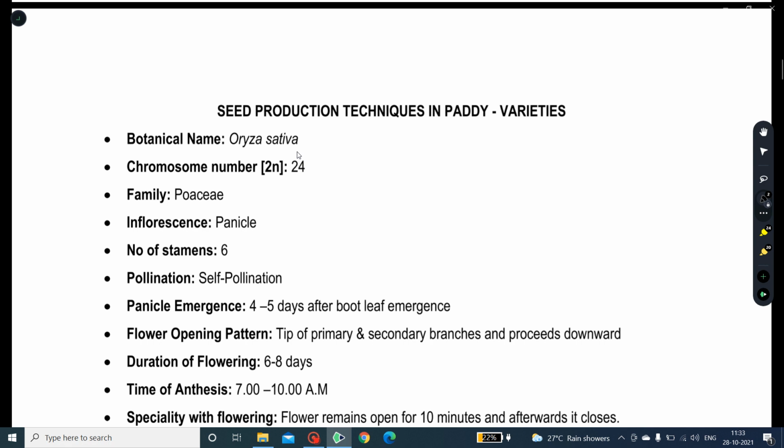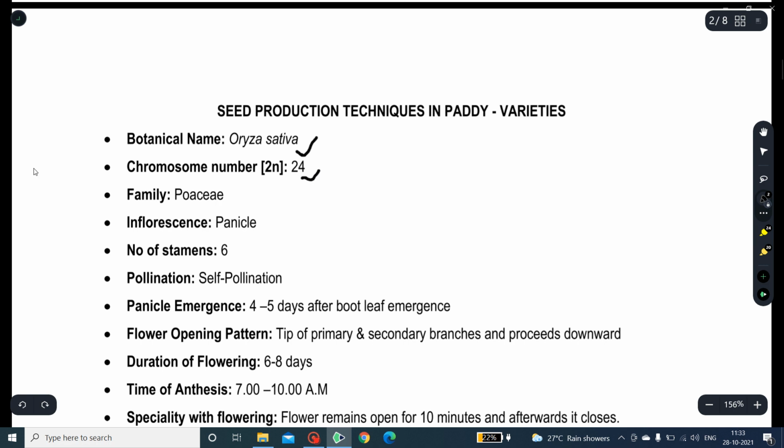Oryza sativa is the species grown throughout the world, and Oryza glaberrima is the other species grown only in South Africa. And India stands second largest country in rice production area and production, and the chromosome number is 2n equal to 24.